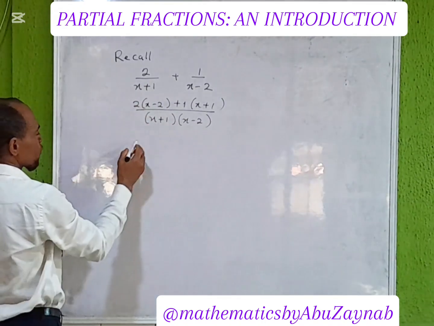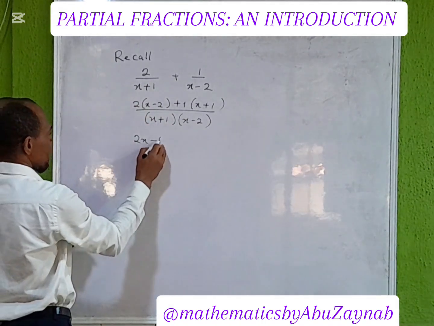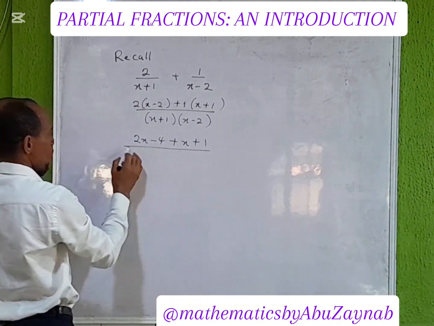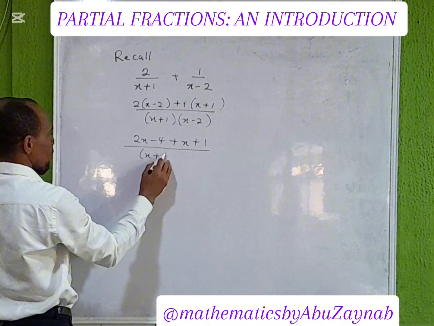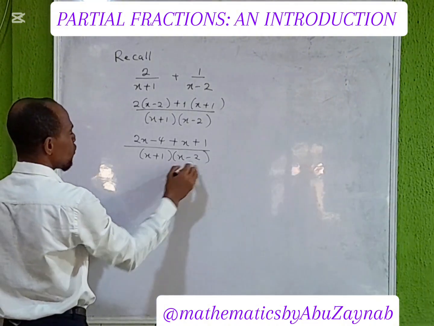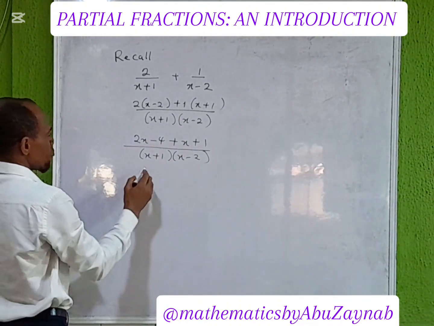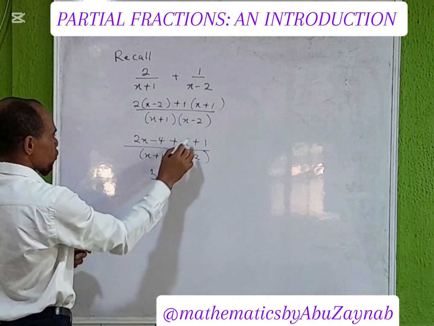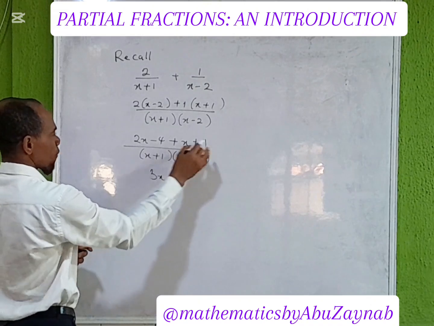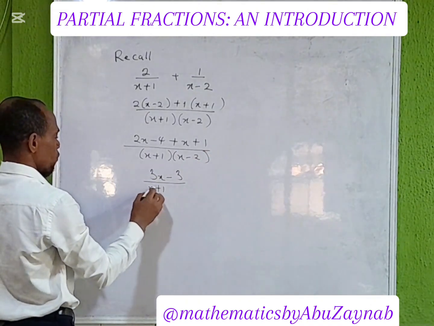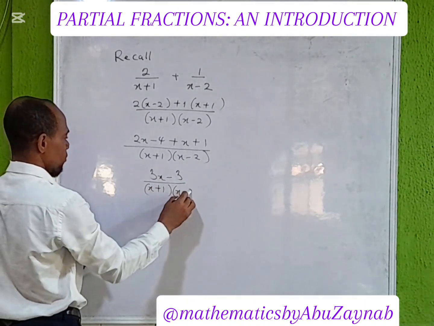So expanding the numerator, we're going to have 2x minus 4 plus x plus 1 over x plus 1, x minus 2. You need not expand the denominator. So now, simplifying further, the numerator gives us 2x plus 1x is 3x, minus 4 plus 1 is minus 3. Then over x plus 1, x minus 2.